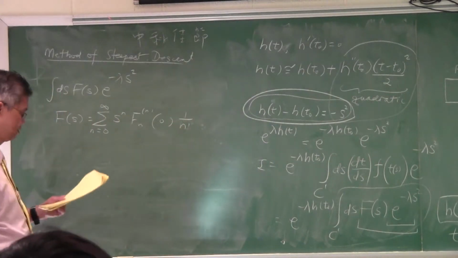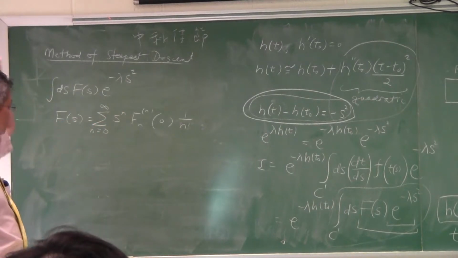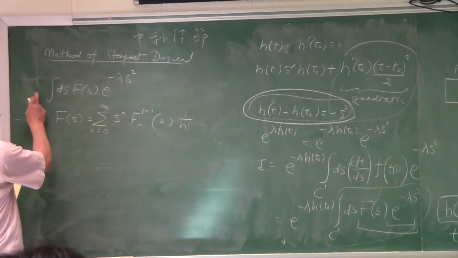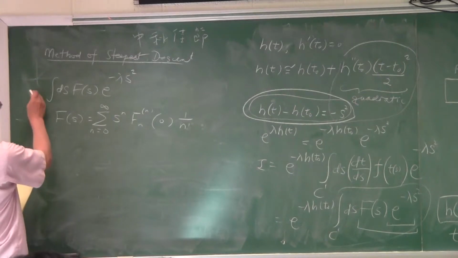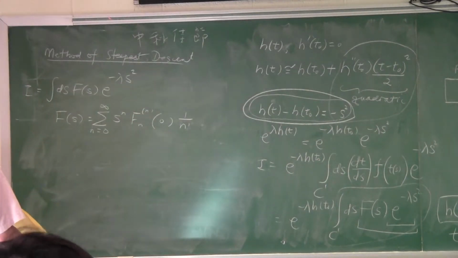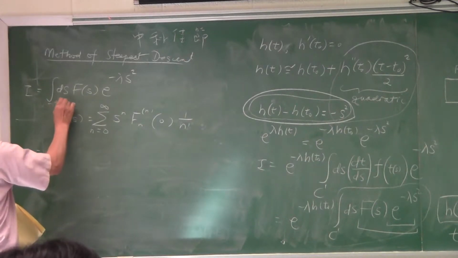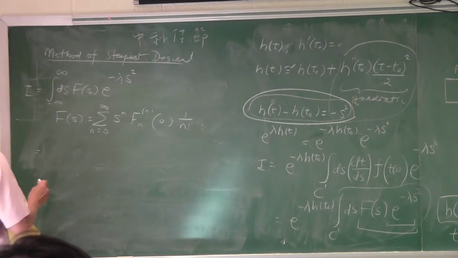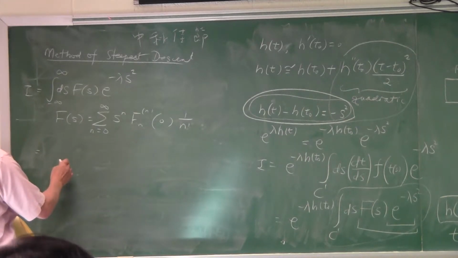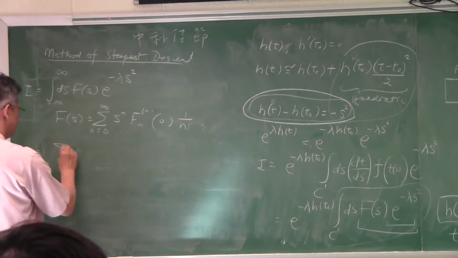If I did my Taylor series expansion correctly. And then I plug that in and simplify. I'm not going to carry that e to the i lambda h t naught around because it's a constant. Then I plug this in, and then exchange the order of integration and summation.